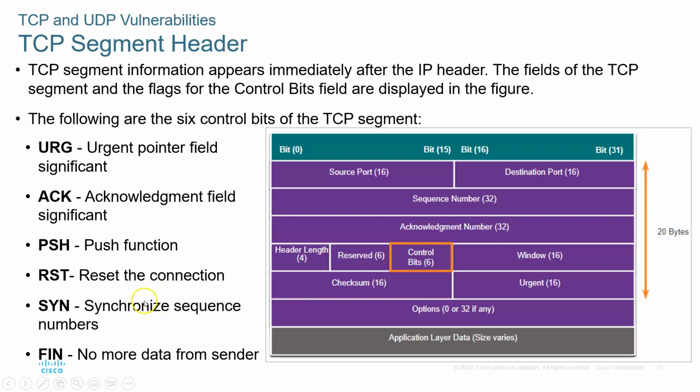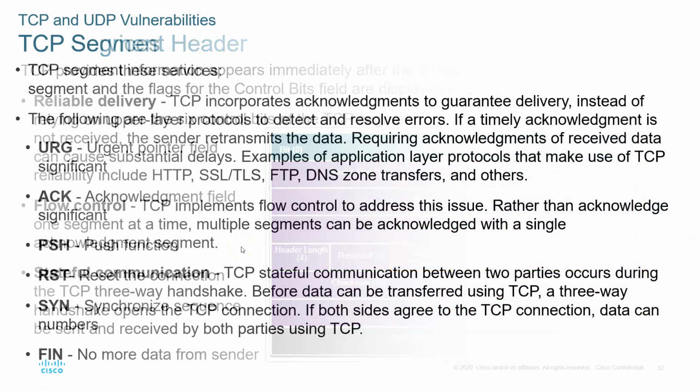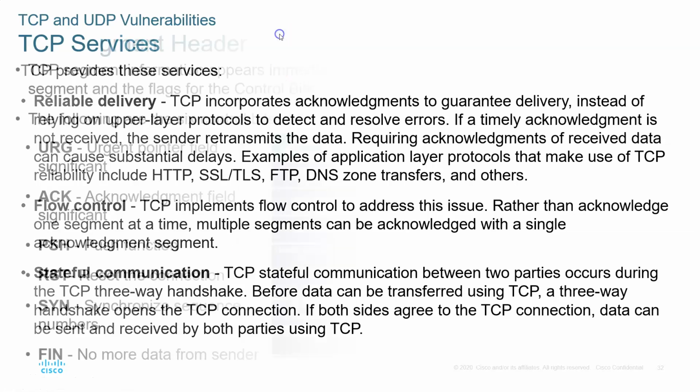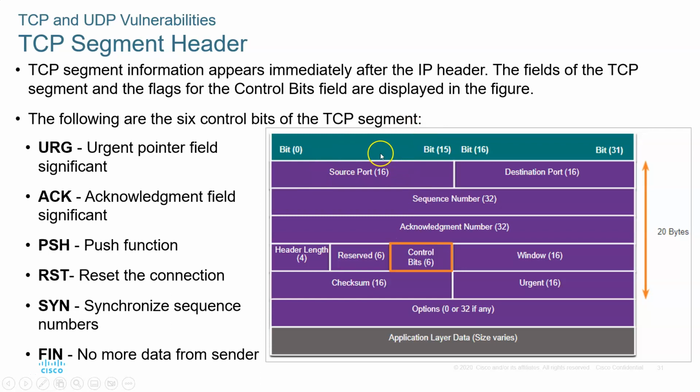This is where you do the synchronize with the destination. All right, reset the connection. So you can use that as an attack to reset the connection. All right. So please take a picture of that before I forget. Do take a picture of this.